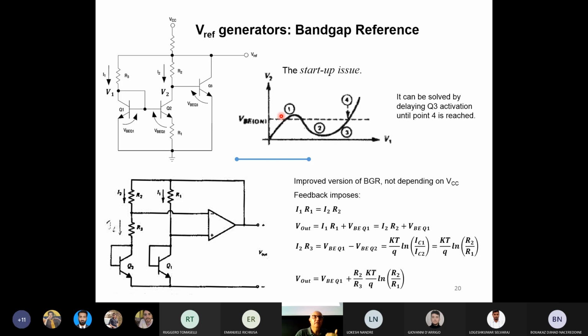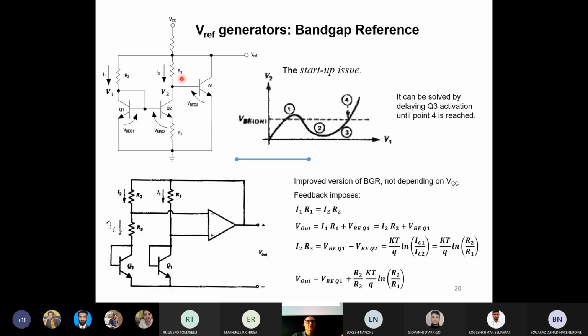But when the current continues to increase, what happens is that, due to the fact that R2 is much larger than R3, you remember I told you that R2 must be much larger than R3, otherwise we have a negative logarithm, we more or less have the same current in the two transistors, but the voltage drop on R2 becomes much larger than the one on R3.